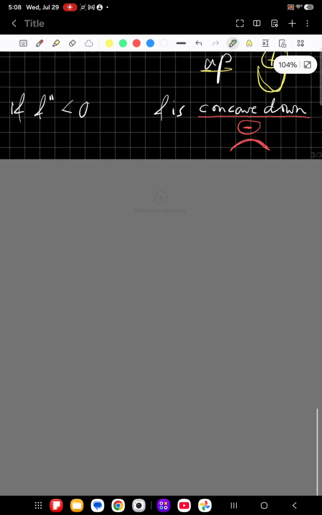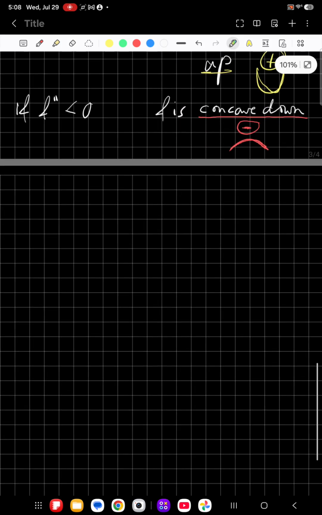Just like with the previous section, one of the steps to finding those intervals where the function is concave down or up is finding those critical points, or in this case they'll be called points of inflection.